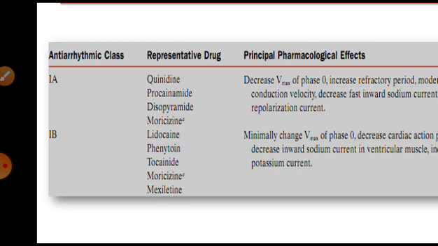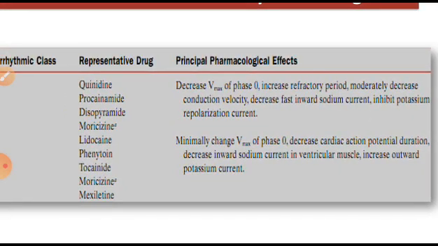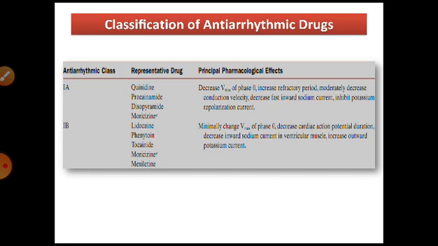Now the second class, class 1B: here we have some local anesthetics, lidocaine, phenytoin, which we already saw in the CNS chapter, tocainide, moricizine and mexiletine. Here you can observe minimal changes in the Vmax of phase 0, and they decrease cardiac action potential duration, decrease inward sodium current in ventricular muscle, and increase outward potassium current. So almost a similar mechanism.